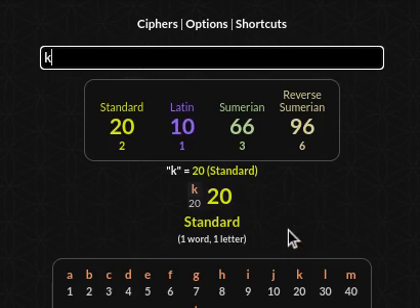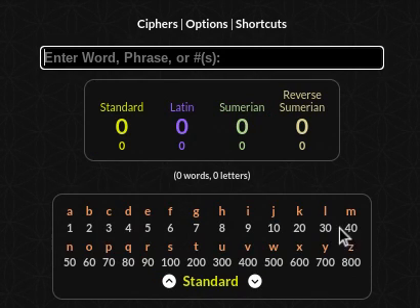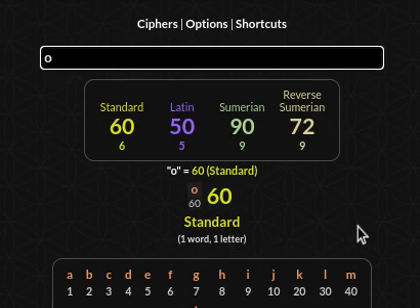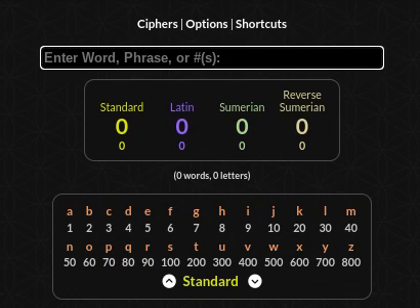So K would be 20, and then just for example, O would be 60, all the way until we get to S, which is going to be 100. So we have that 10, since it's the 10th letter, 11th letter is going to be 20, all the way to S.